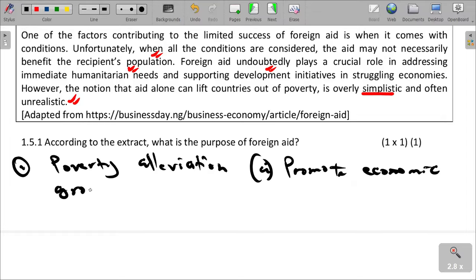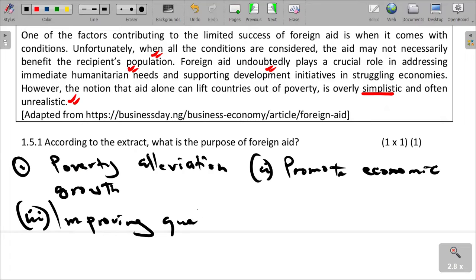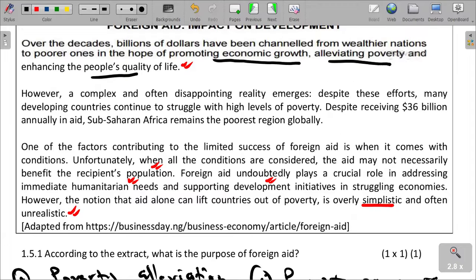Promote economic growth. And lastly, enhancing the quality of lives of people, improving the quality of lives of people. These answers are given in the essay here, like the one that I've underlined there.